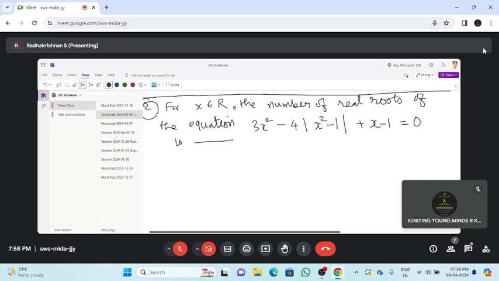Since Snehan said it first, let us hear. Can you explain how you got 4 roots? If you have done it on paper, share your paper. Snehan, please go and share your working.